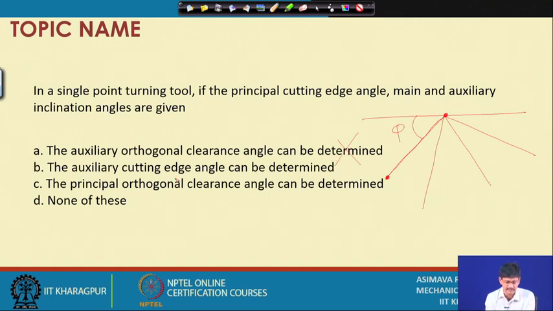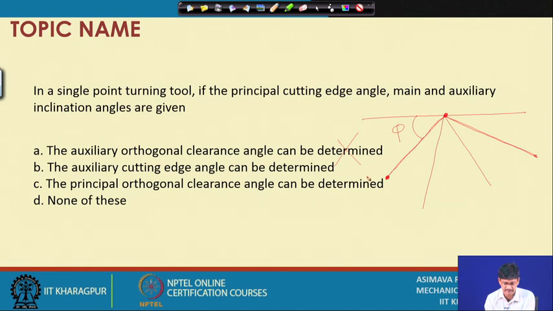The auxiliary cutting edge angle can be determined. Auxiliary cutting edge means that we can essentially find out the orientation of the auxiliary cutting edge. Up till now we do not know it. The principal orthogonal clearance angle can be determined. Once again, this deals with information about the clearance surface.